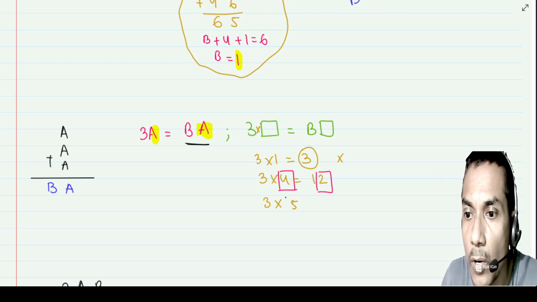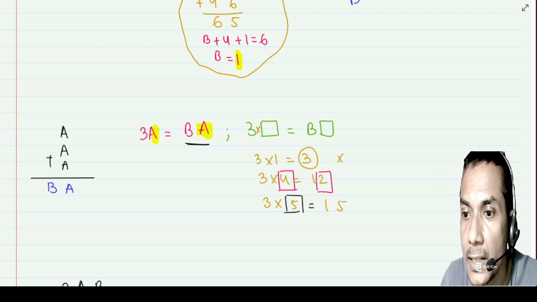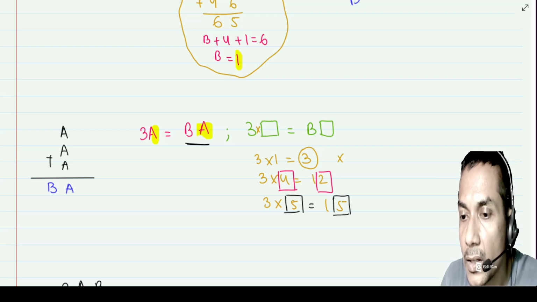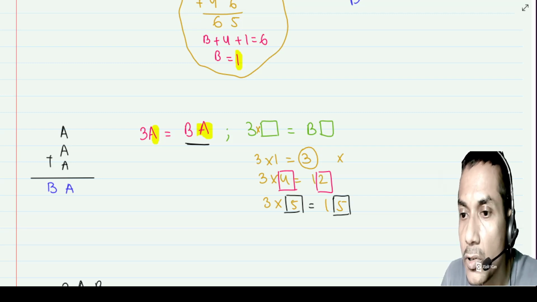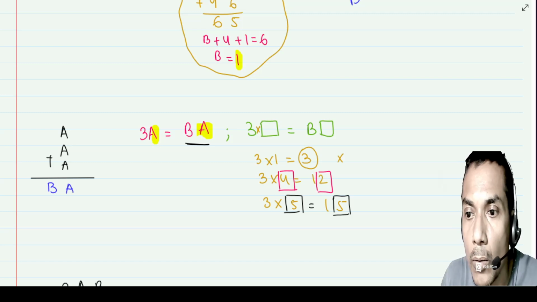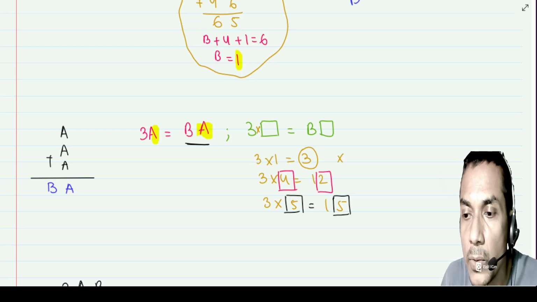We get 15, right? Now think, when you multiply 3 with 5, we get 15. Now the box value remains the same, but B has no restriction. B could be from 0 to 9. There is no condition, it is free to choose as per the value of A.